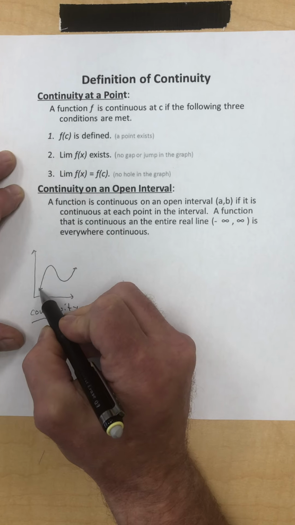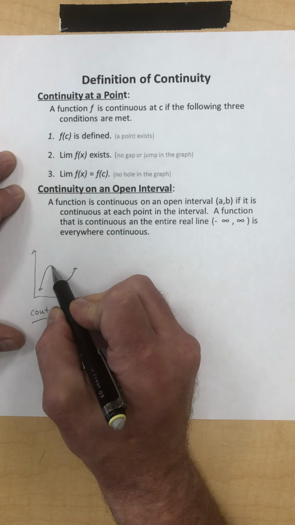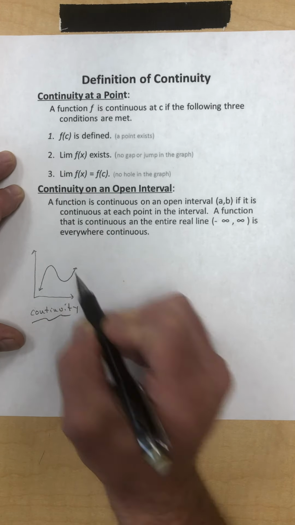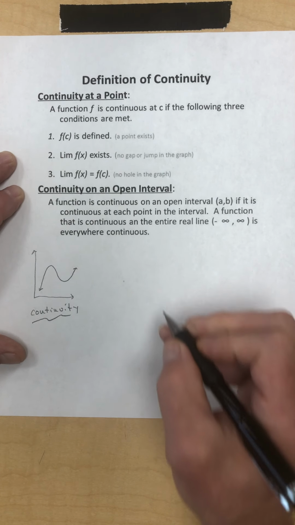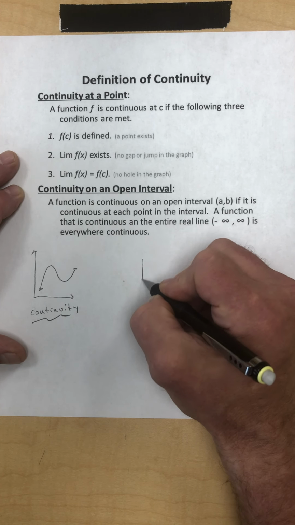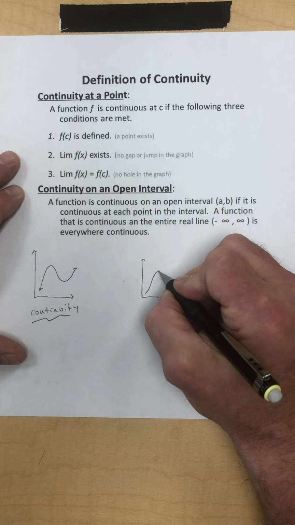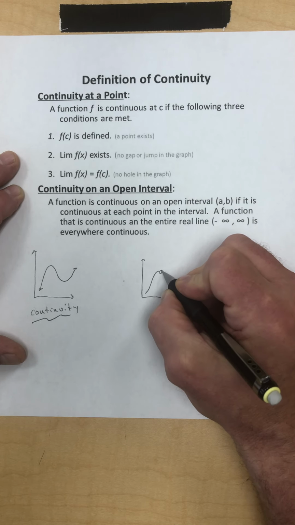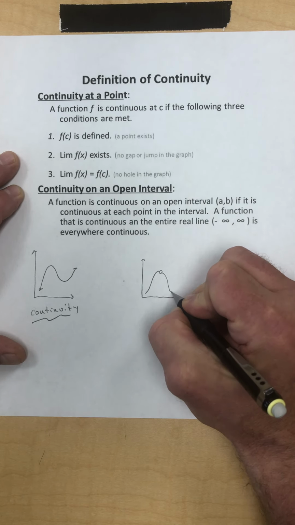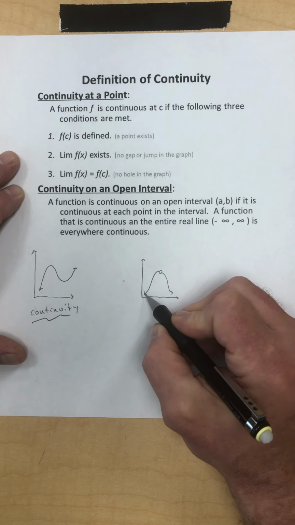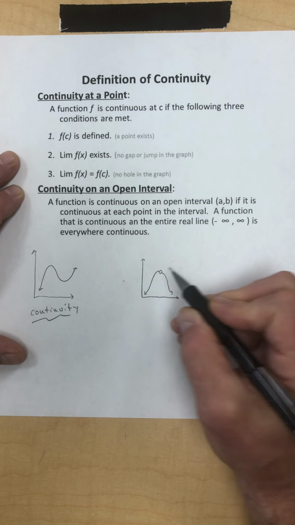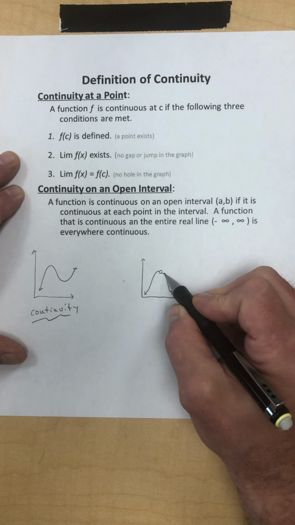So I could put my pencil on that graph and trace it without lifting up my pencil. We have continuity. If you have something like this, which we've seen graphs of in previous videos, where there is a hole removed, notice I could start tracing, but when I get to that hole, I have to lift my pencil up and replace it.